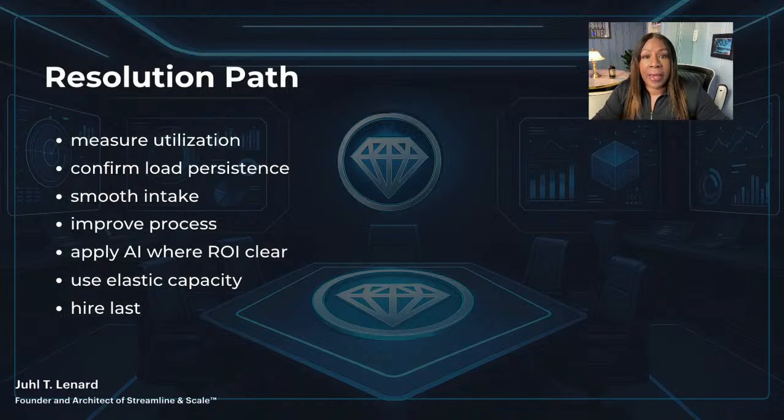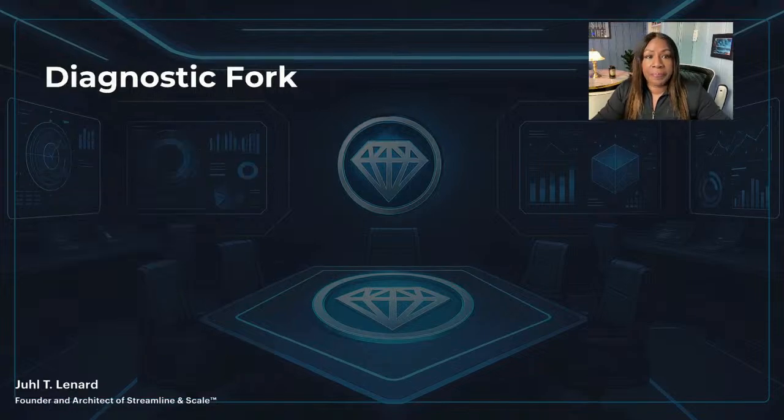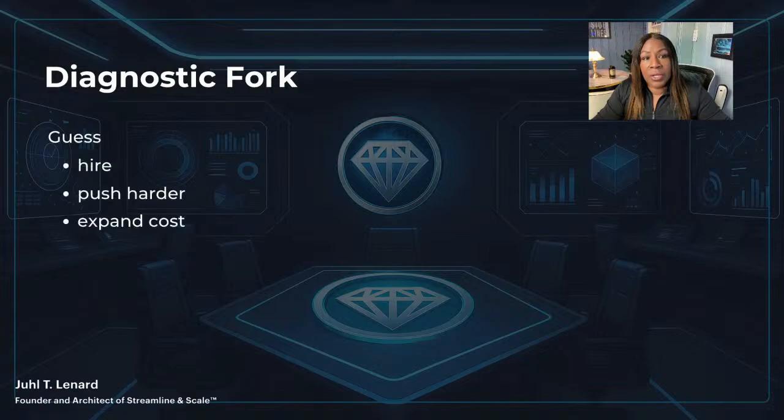Again, we're hiring last. You identify the process, refine it so that you even out the workflow, maybe augment your capacity with all the different tools that are available, and then hire, okay? Now, at this point, if this is resonating with you, there's a fork. What are we going to do?